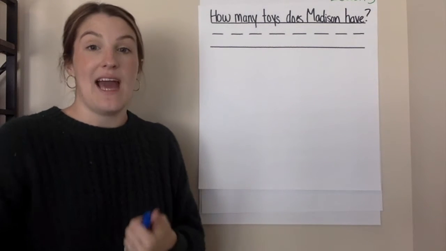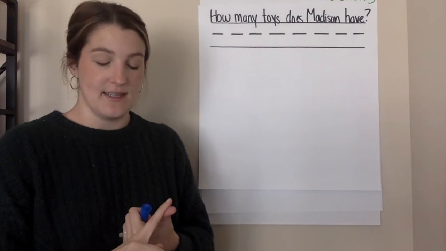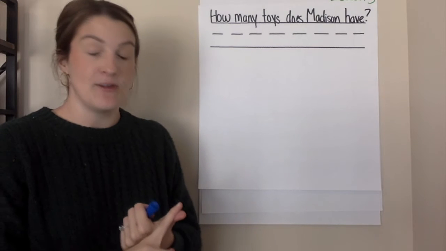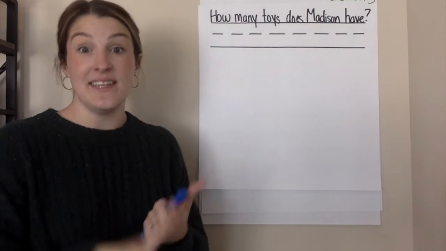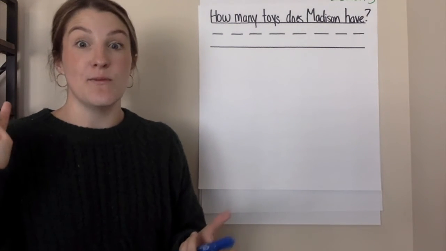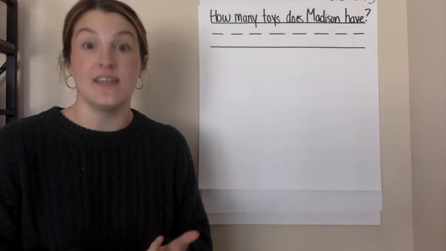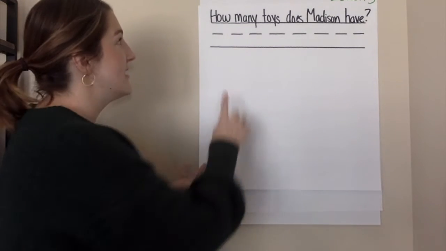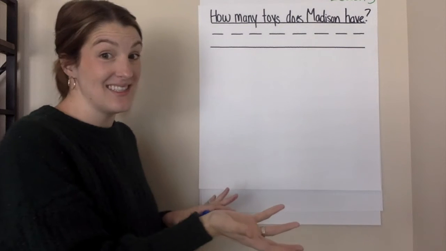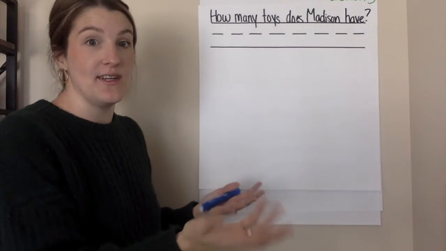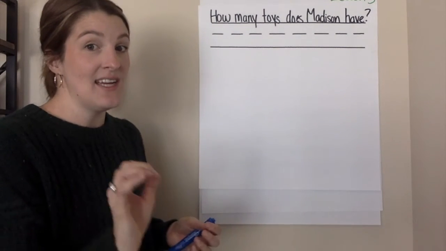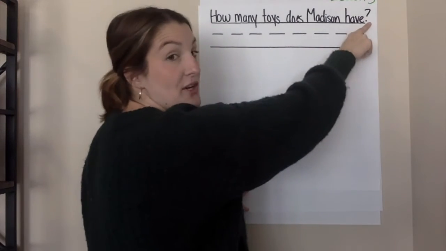I need to remember to capitalize the first letter of a sentence. I need to remember to capitalize any names. And I need to remember to put punctuation at the end of the sentence. However, this sentence is a question because I'm asking something. How many toys does Madison have? So today I know I'm going to put a question mark at the end.